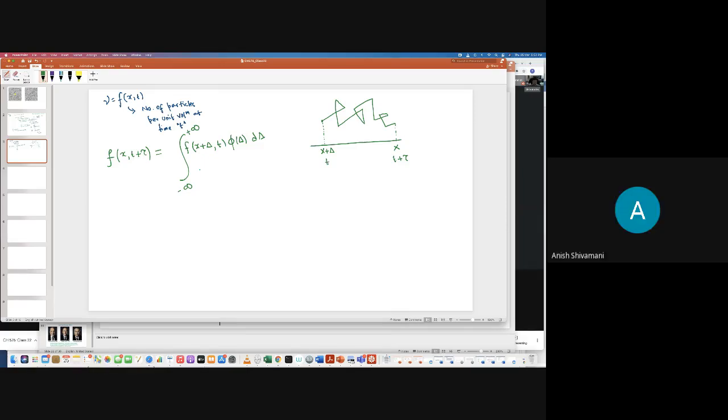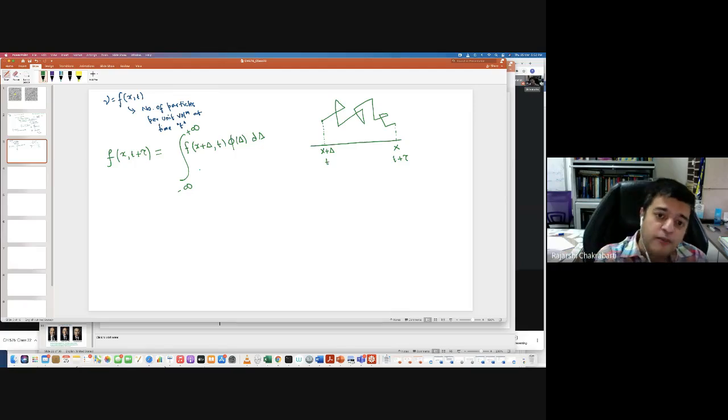Yes. Very important. Think of it, it has to be like this. So this was the distribution here, and then multiplied with the jump. Okay, and then I integrate over all possible values of delta. It has to be, because if I don't integrate, then this function should depend on delta.